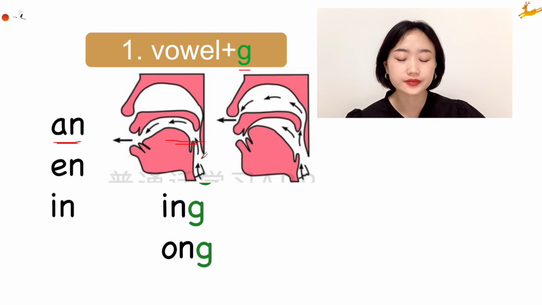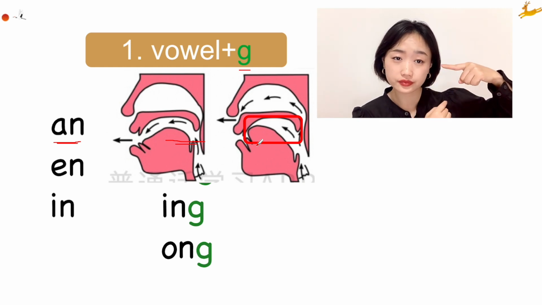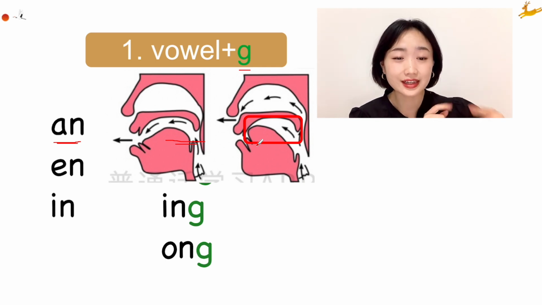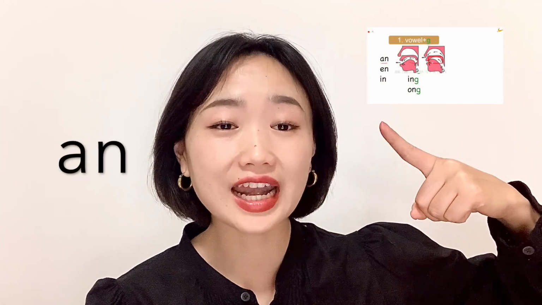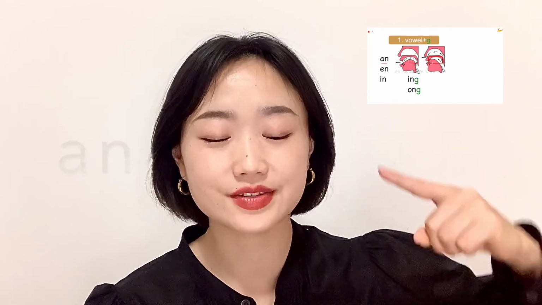Look at the screen. When we say an, the tip of our tongue touches the upper part of our mouth. The tip of our tongue touches the upper part. Okay? Again. An. Yes.